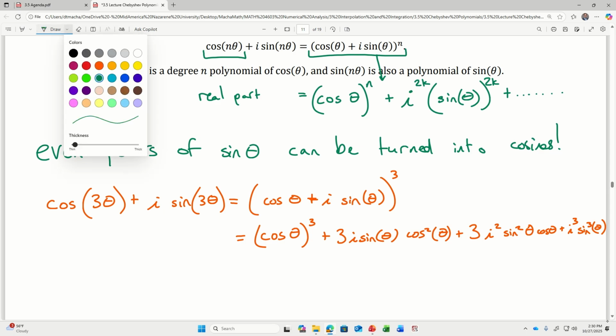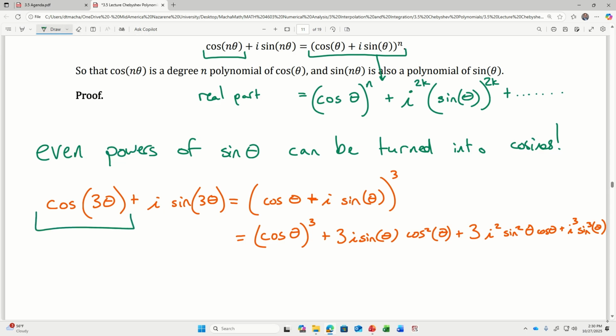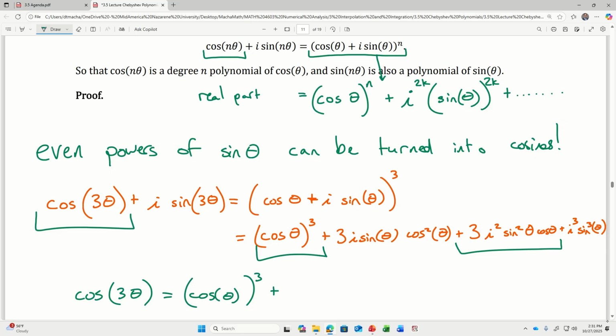Now, we're going to ignore all of the imaginary parts, okay? And we get cosine of 3 theta is equal to cosine theta cubed plus -3 sine squared theta cosine theta.